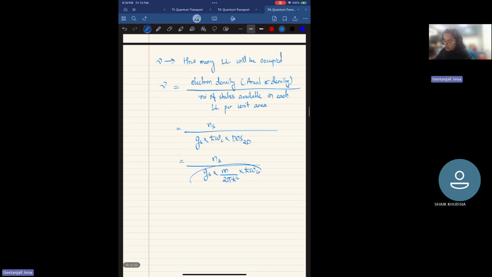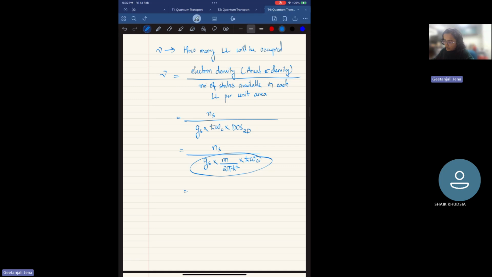If you simplify it, this will give Ns over Gs eB by h. And if you are considering the particles are electrons, then the spin degeneracy will be 2. This will be 2eB by h.